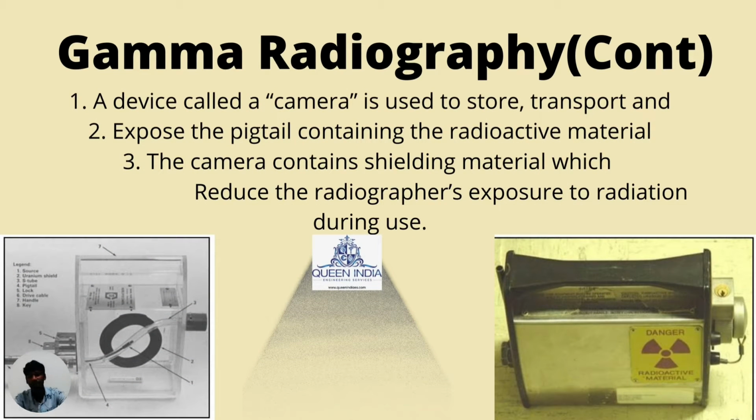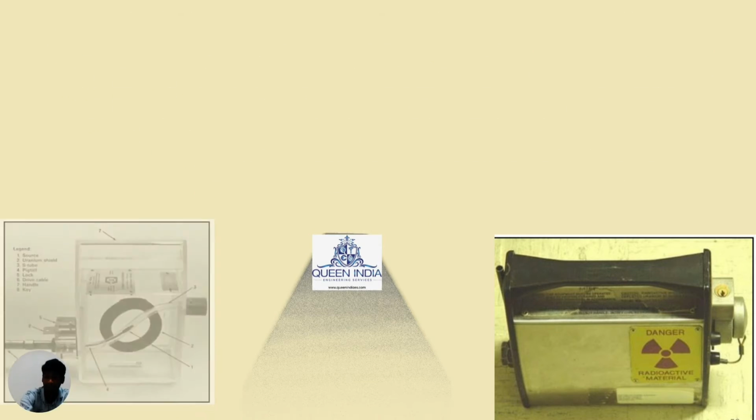A device called a camera is used to store it. This transports the source on a spring-style cable connected to the radioactive material. The camera can shield the material to reduce radiographic exposure to radiation. This is the camera of radiographic testing machines.